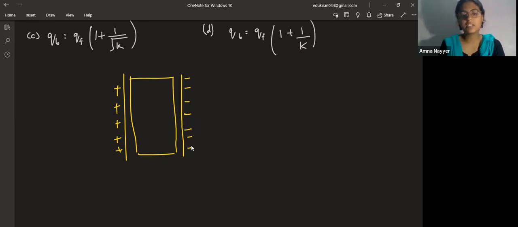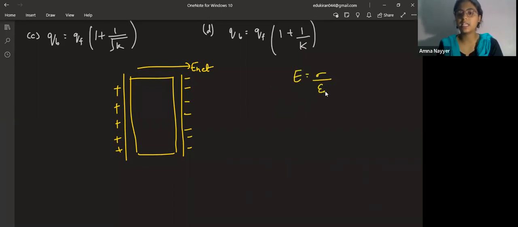This will be negative charge. So there will be a net electric field as well. Fine. So the electric field, you'll put it. What will be the electric field? See, the electric field's value, this you know already. This is sigma by epsilon naught.